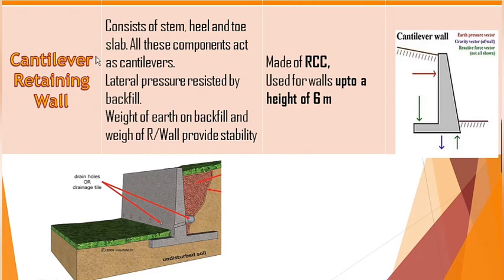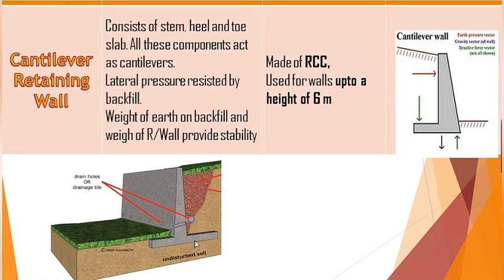So first and foremost, why are these walls known as cantilever retaining walls? As you all know, a cantilever is a structural element which is fixed at one end and free at the other end. So in this type of retaining wall, all the individual components behave as cantilevers.